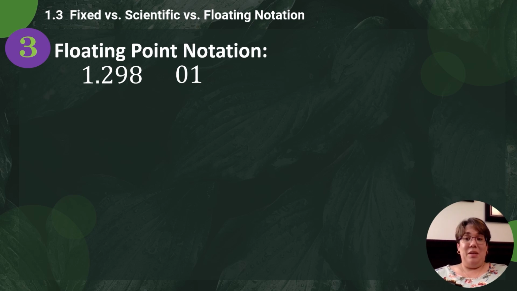And that's why it's so tricky, because you would think they're saying, oh, they want me to say 1.298 minus 1, and then you just try to subtract 1. But that's not what they're saying. This is the same exact number that we just talked about, 1.298 times 10 to the first power. It's just written in a different notation.